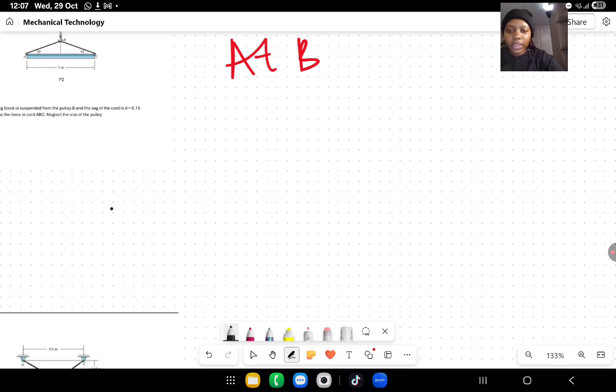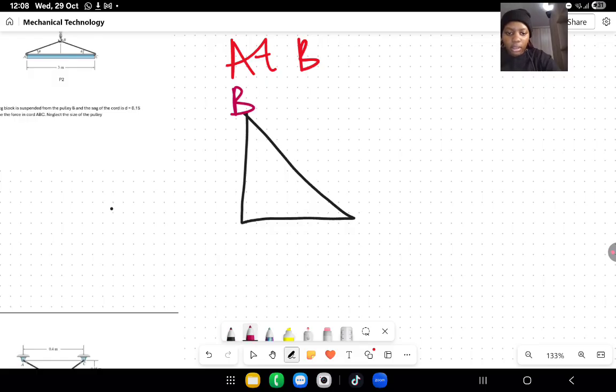At B we will be having a triangle like this, going like this, B A. Then we also have an angle here, which is an angle of 30 degrees. So here at B, we will be looking for our horizontal components and our vertical components.